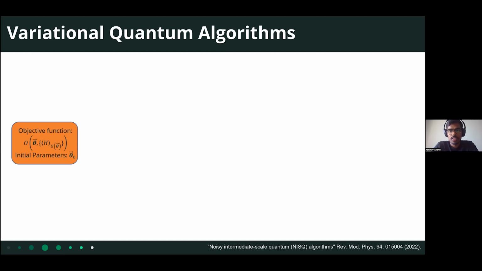So this thing called the objective function is basically the thing that you want to solve, right? So let's say you want to find the ground state energy, or solve a state preparation problem. You can define this objective function, which basically encodes the problem as a minimization problem.